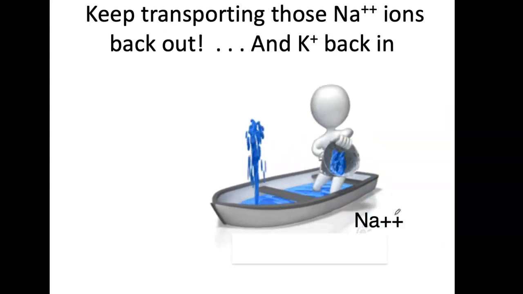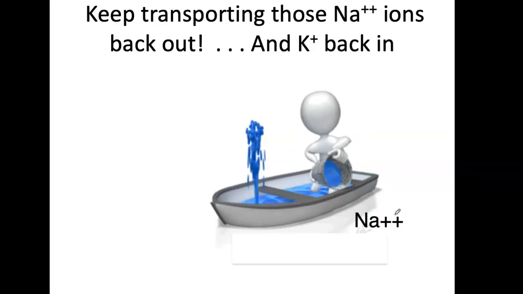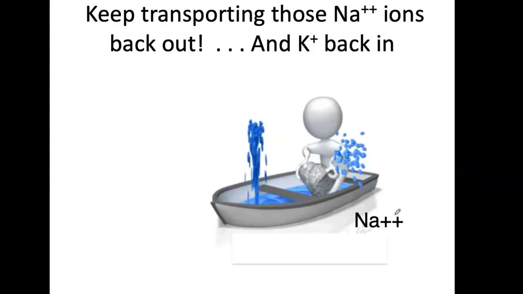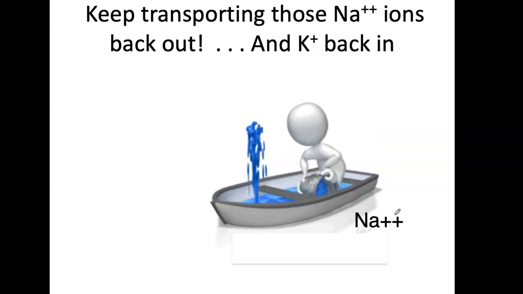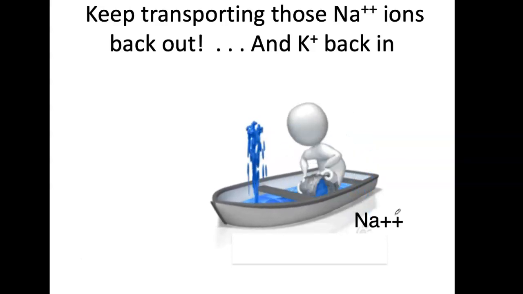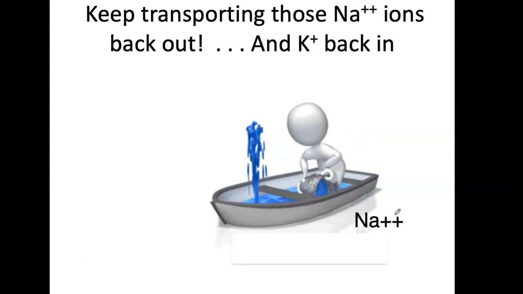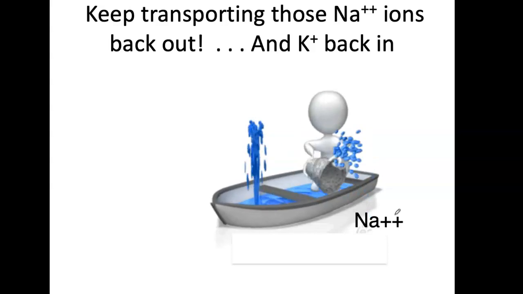So ordinarily, you keep transporting those sodium ions back out and the potassium back in. It's sort of a non-stop event that goes on for it to continually keep that resting membrane potential at negative 70 millivolts when at rest.